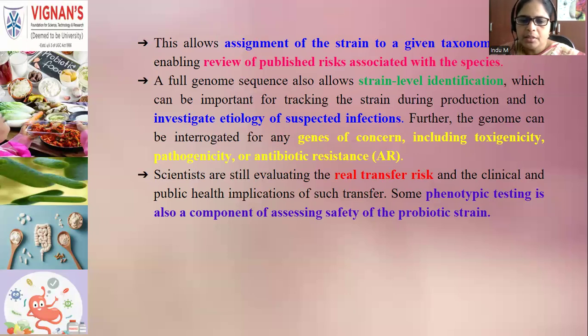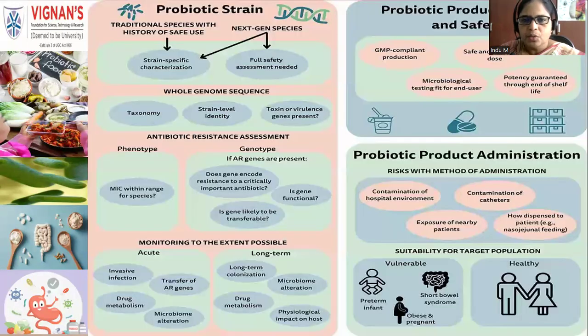Some phenotypic testing is also a component of assessing the safety of the probiotic strain. These are the various aspects we need to study about the probiotic strain and its safety. Traditional species with a history of safe use used to undergo strain-specific characterization, and those strains were used for probiotic products.